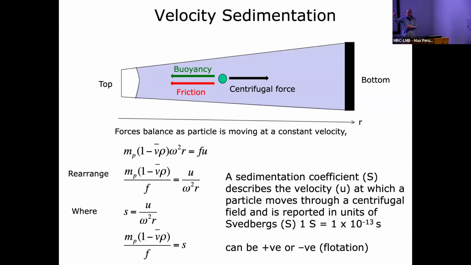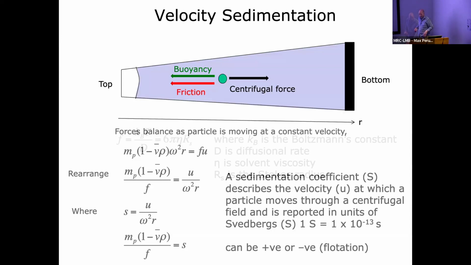So imagine if you increase the density of the medium you're spinning your sample in, you'll reach a point where that term will be equal to 1, and then that will cancel the top line out, and the S value would be 0. And of course, that's exactly how density gradients work, because you've got a density gradient, and things spin through until effectively all the forces stop everything moving.